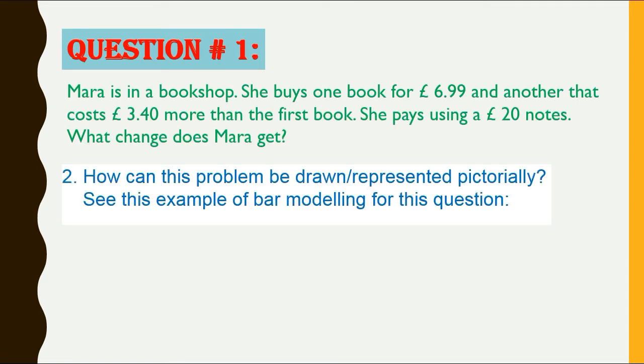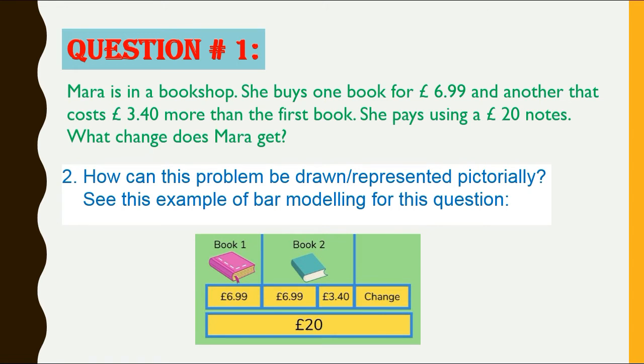Now the same question by using the pictorial representation. How can this problem be represented pictorially? See this example of bar modeling for this question. Here you can see the cost of book 1 was pound 6.99 and the book 2 cost was pound 3.40 greater than the first book.